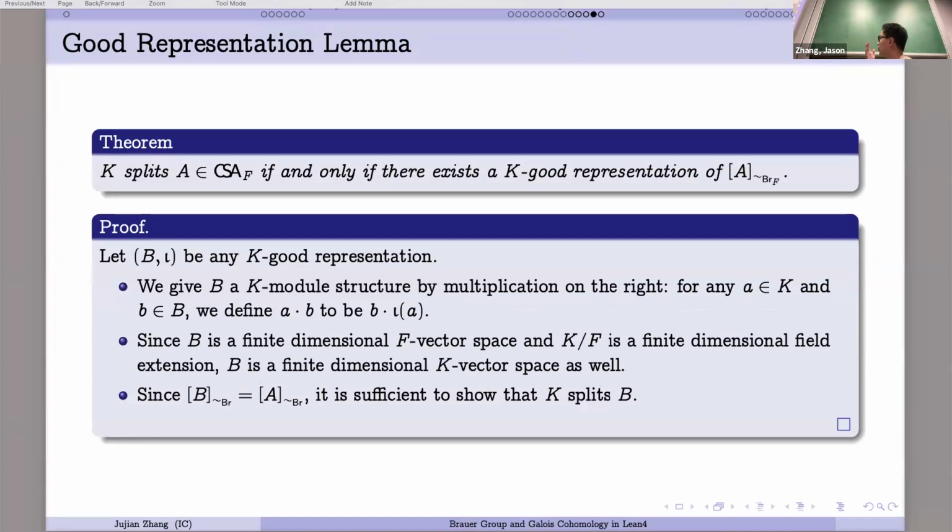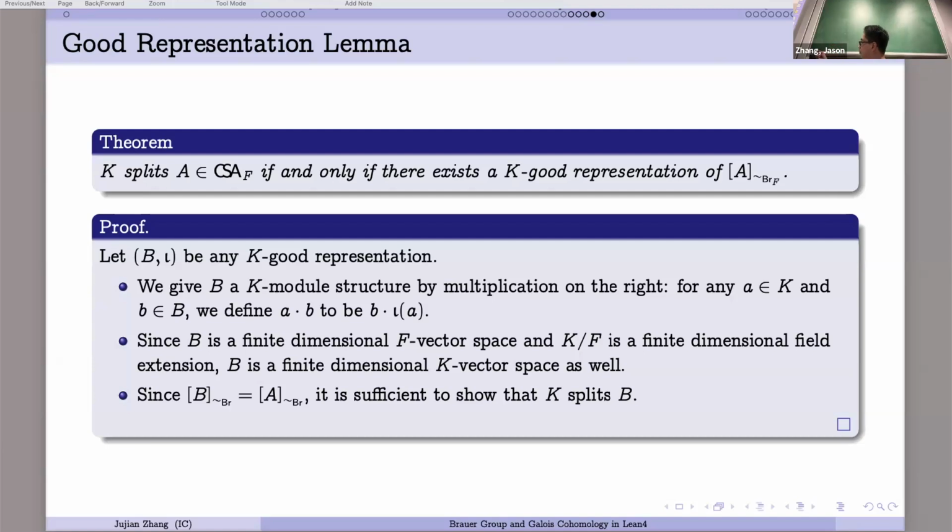So the important theorem is that K splits A if and only if there exists a good representation of A. One direction we have already seen. Now let's say B is an arbitrary good representation, then we can give B a K-module structure by multiplication on the right.